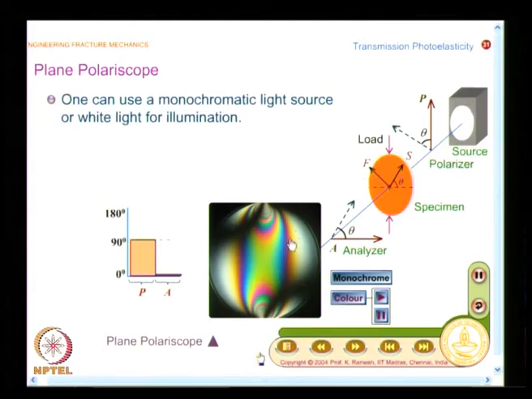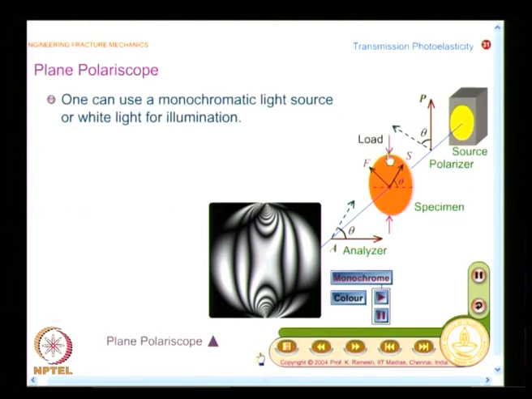Now, I find one set of contours are colored, while the other contours that we saw still remain black. We will spend some time looking at this again. We will go back to monochrome.